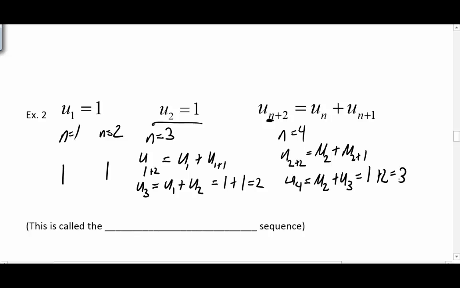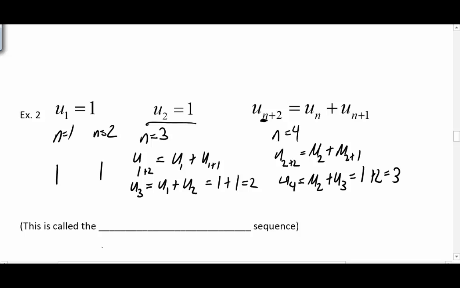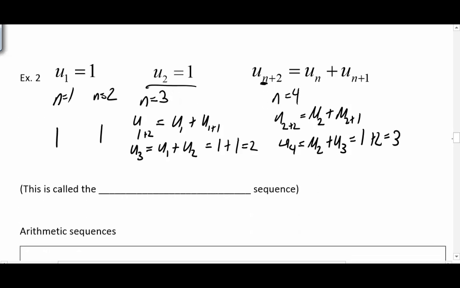Okay, so hopefully we get a stronger sense of how to read this. Let me summarize this a little differently, and then I'll tell you what this is called. In essence, it's a 1 and a 1. We add that together to get 2. 1 plus 2 is 3.